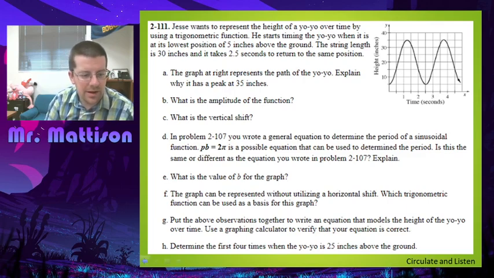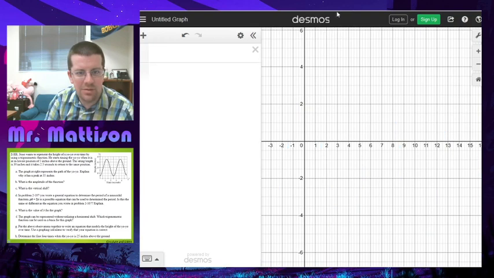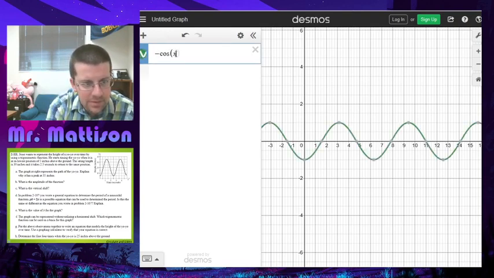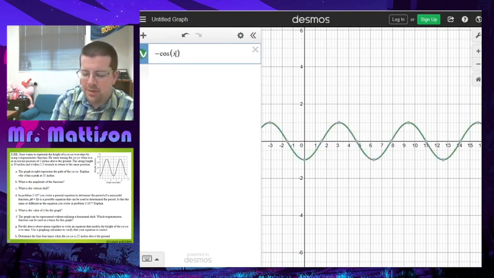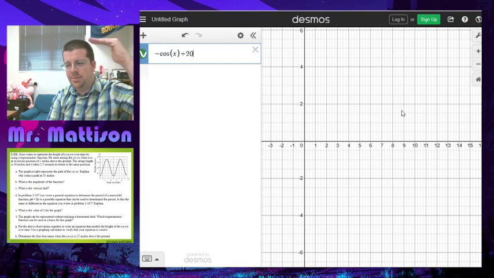Okay, so now let's try and write an equation that'll model this. So if we go back over to Desmos, let's try and put together all the stuff we just went over. So we said we're going to use negative cosine. I then want my shift to be up 20, because I needed it to be moved up to that midline at 20.